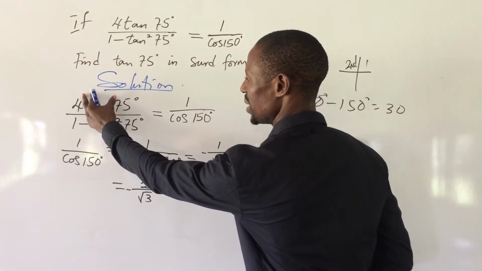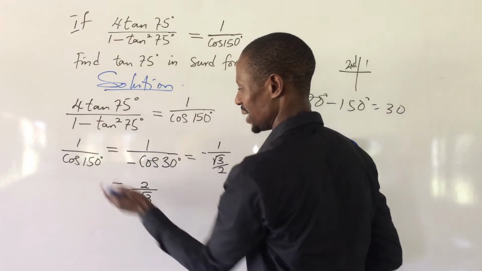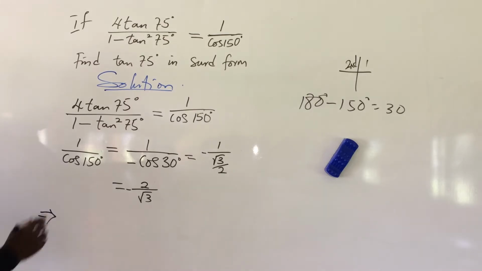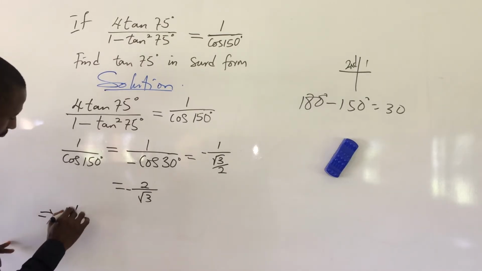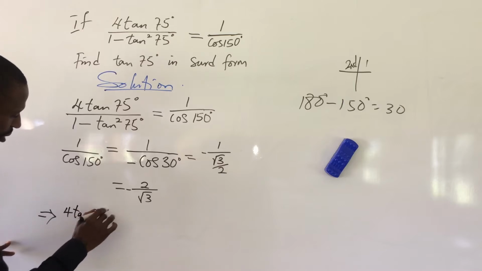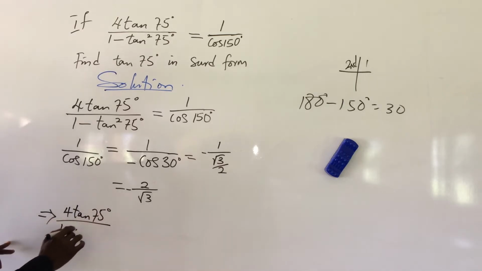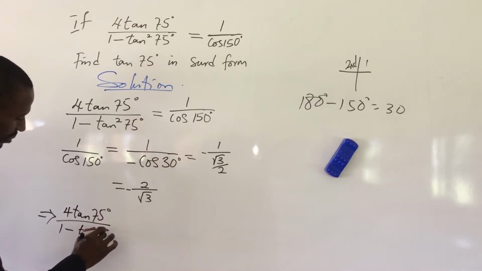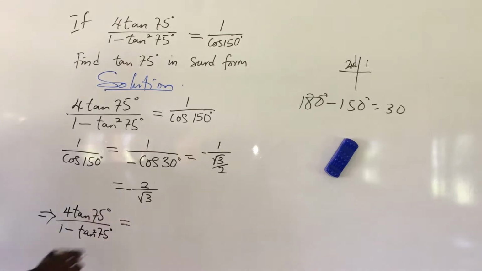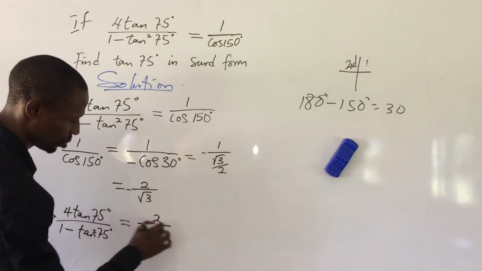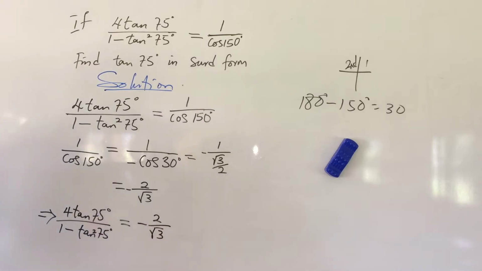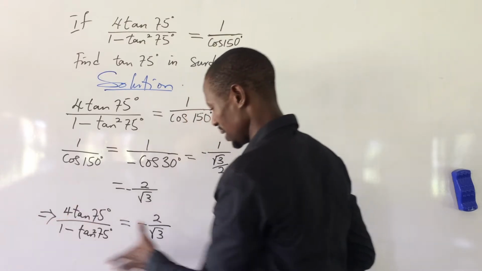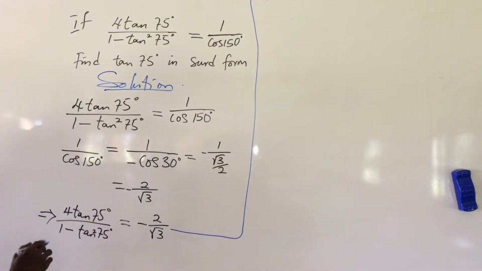What do we do? Let's bring this left hand side to marry it with the other side. So this now implies that 4 tan 75 degree all over 1 minus tan square 75 degree equals minus 2 all over root 3. Let's remove this 4 by dividing both the left hand side and the right hand side by 4.